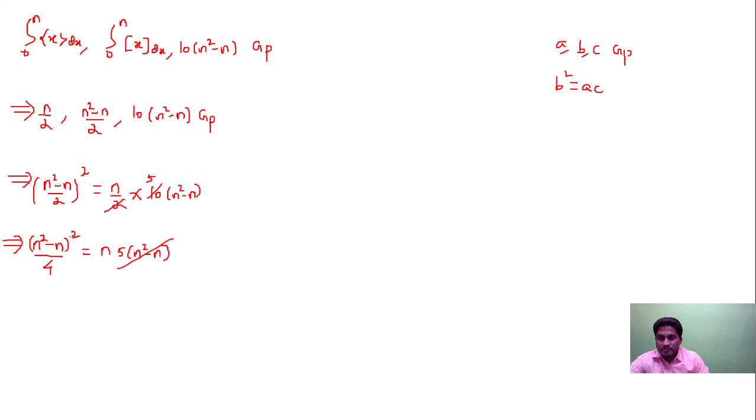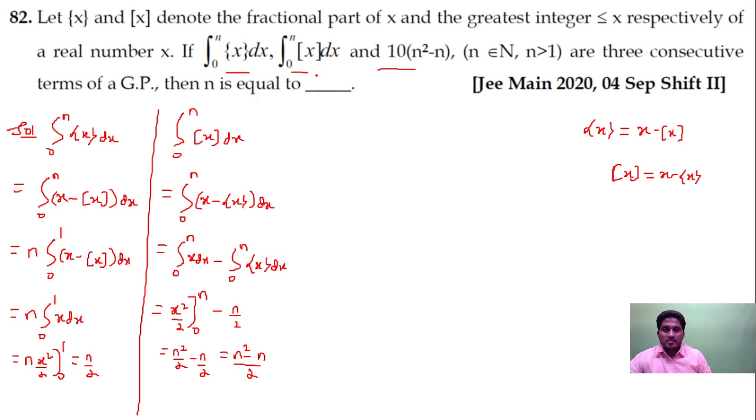So n square minus n will cancel. I take n common, you get n minus 1 divided by 4 is equal to 5n. This n will cancel with the square. If you cross multiply, you get n minus 1 is equal to 20. So the value of n will be equal to 21. That's the answer, guys. So the answer is 21.